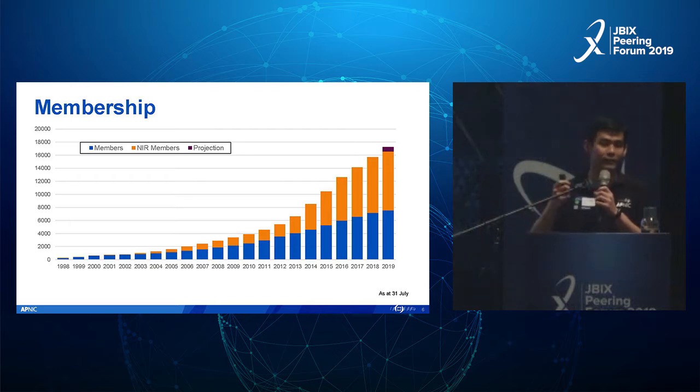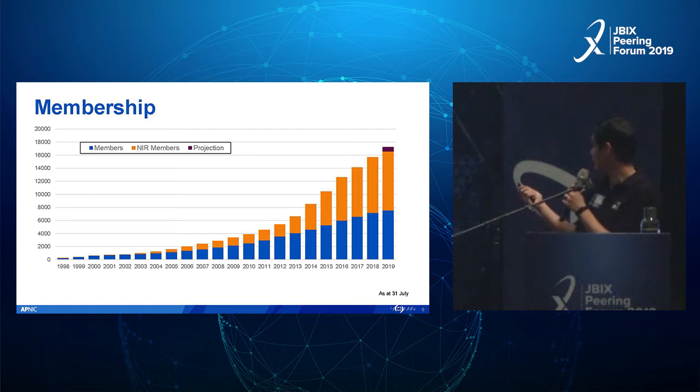This was back in the day. Now we do not have that model anymore. But in this region, we have 8 NIRs, such as IDNIC, JPNIC, and so on. If you are interested, you can read further from our website. So a combined projected 17,000 members by the end of this year.